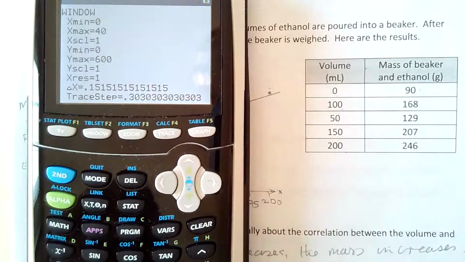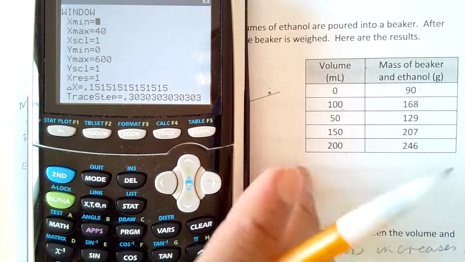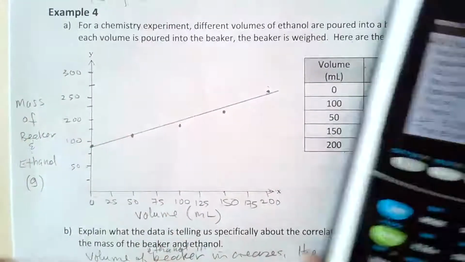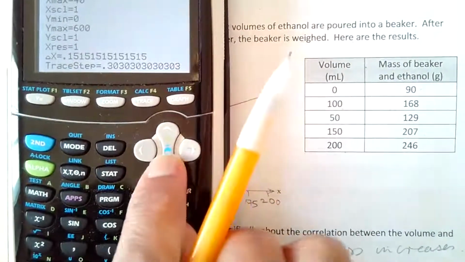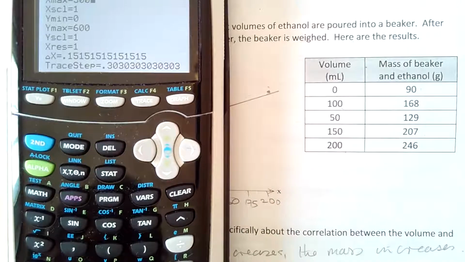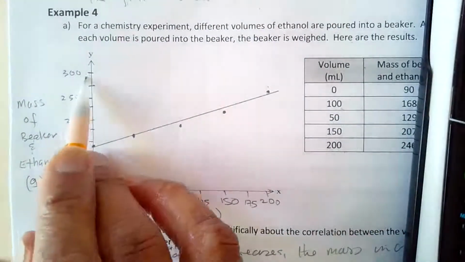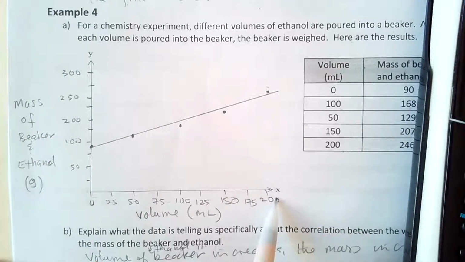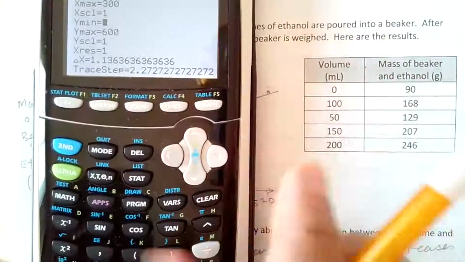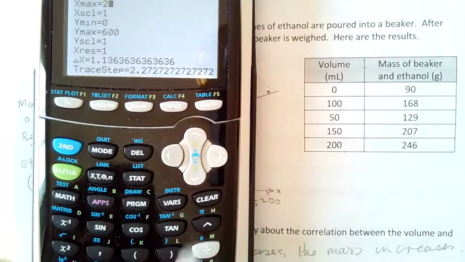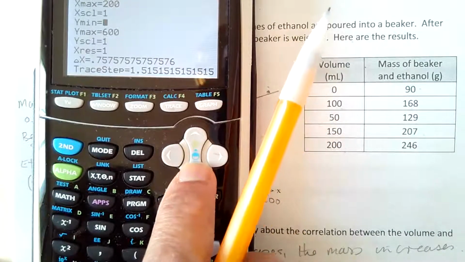In my graph here, I went up to 300, so I use the same data. And my Y maximum, oh sorry, that's my Y maximum. My X went to 200, so I should change that. Sorry for that. So it should be 200, and my Y is 300.